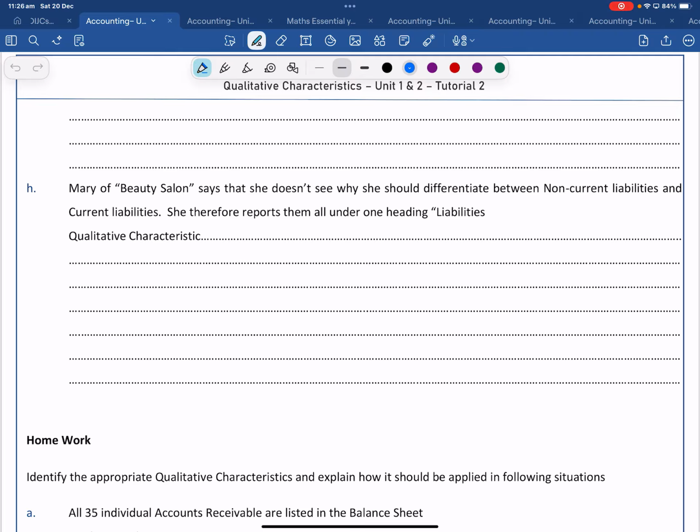But overall, I think it's understandability. So if you were to write this one, you would write understandability in the exam? Yes.